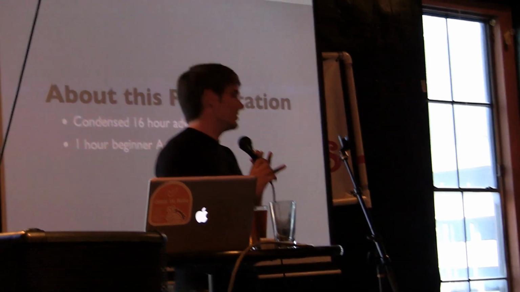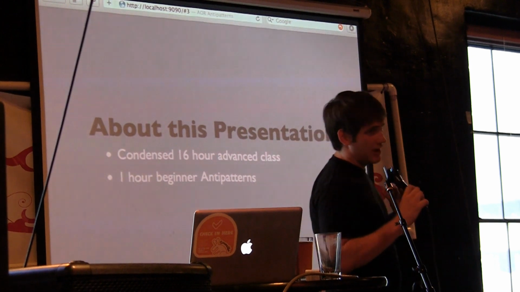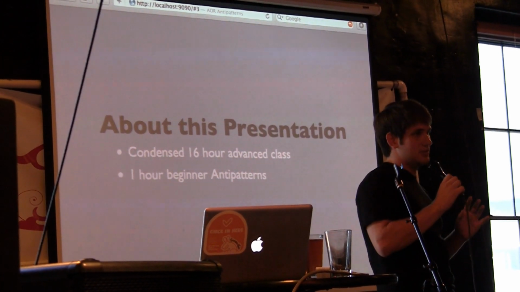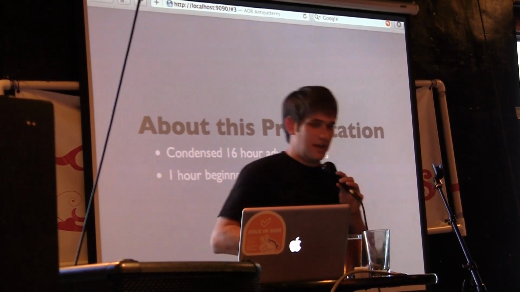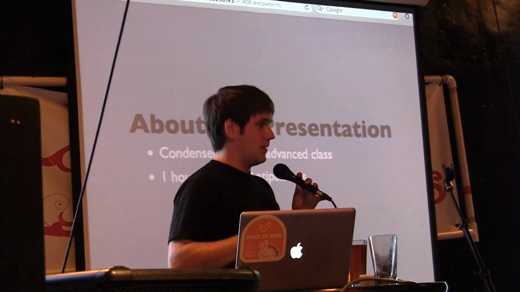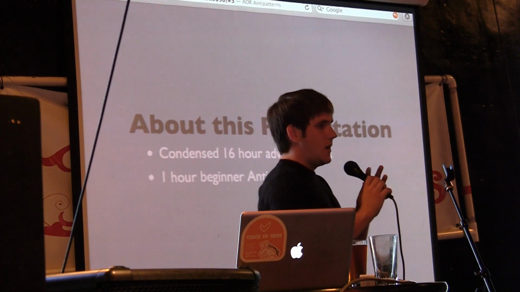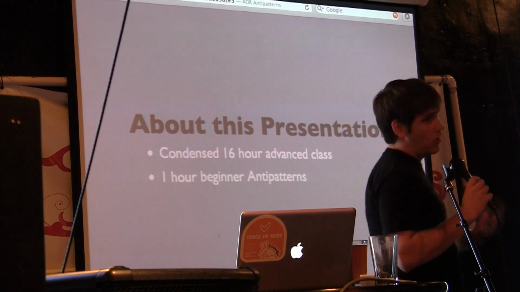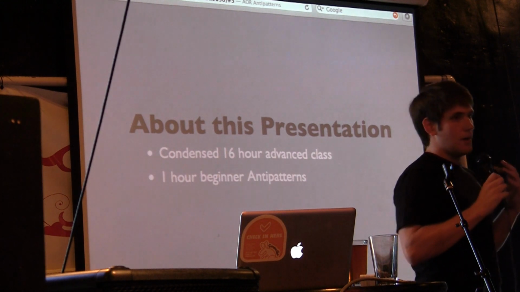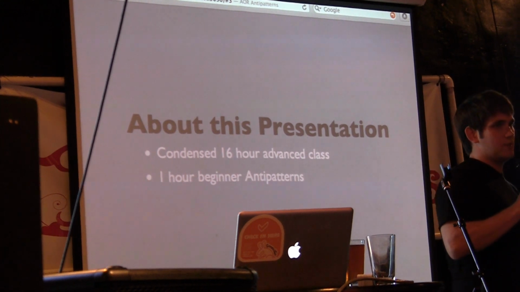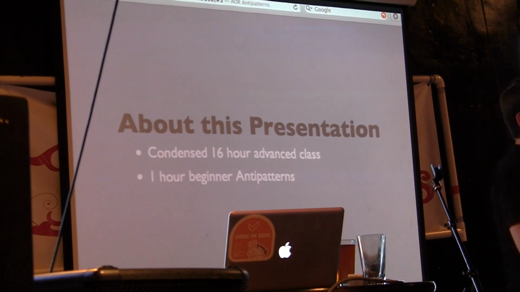As I mentioned previously, the AntiPatterns class I typically teach is about 16 hours. It's intermediate to advanced. And this is a 1-hour class about beginner anti-patterns. A lot of you, if you are beginners, might not come from a computer science background, like me. I'm a mechanical engineer.